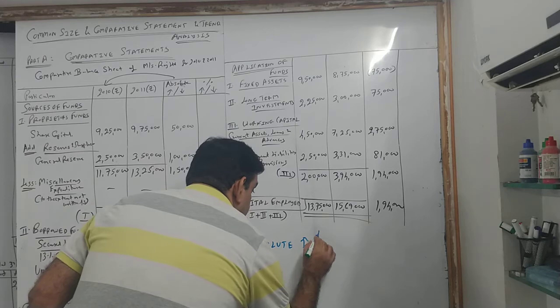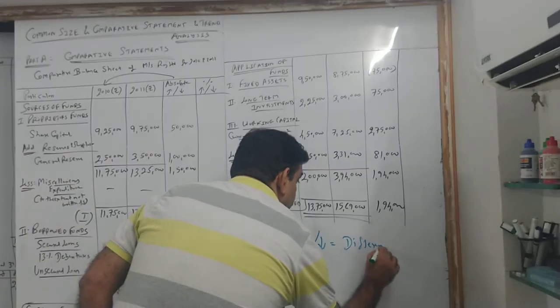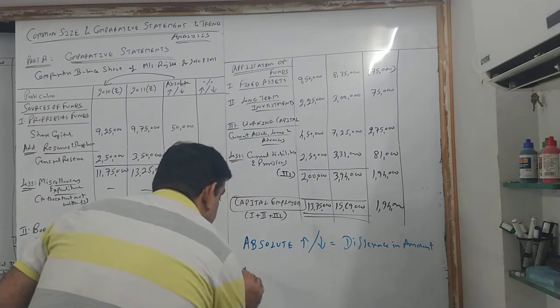Absolute increase or decrease is equal to the difference in amount.